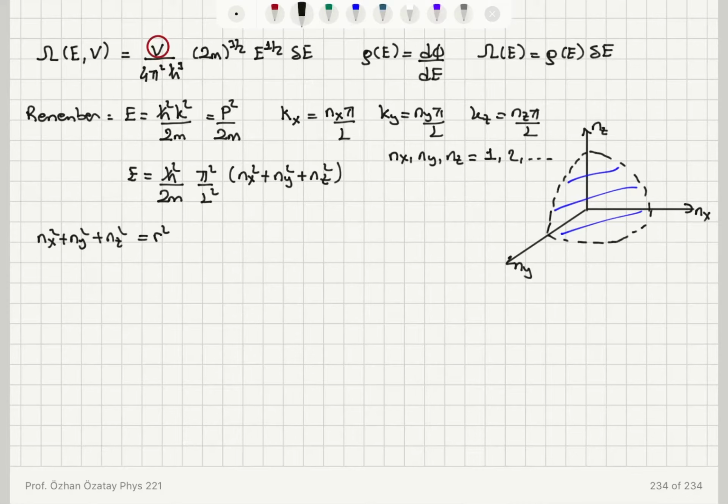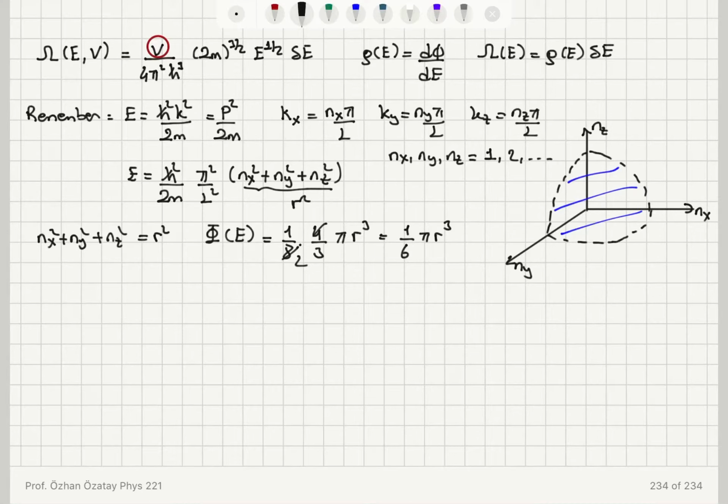So we will see that the number of states for energies less than or equal to E will be given by 1/8 times the volume of this sphere, 4/3 pi r cubed. So it's basically 1/6 pi r cubed. So this was giving us our 2 times 3 is 6.